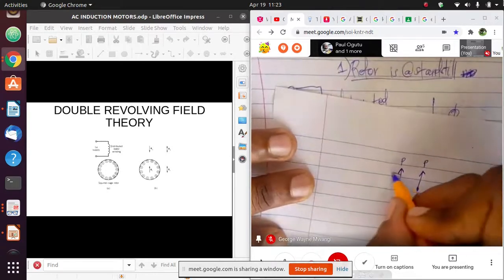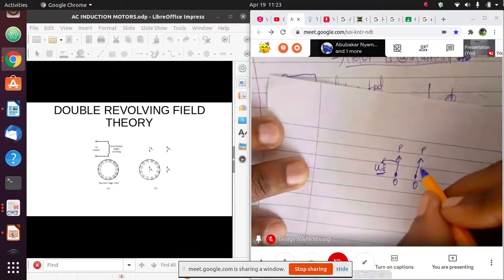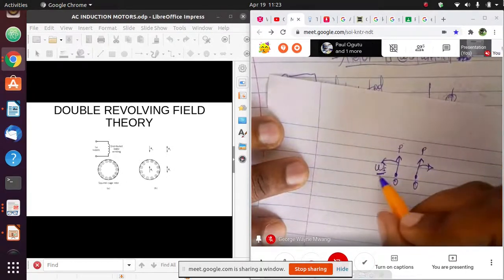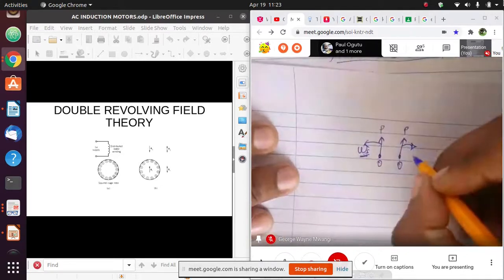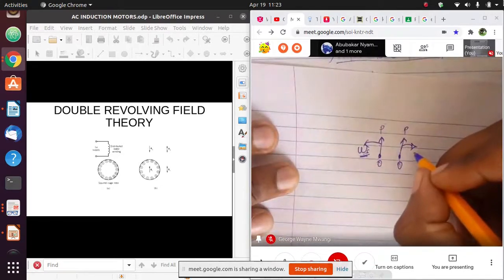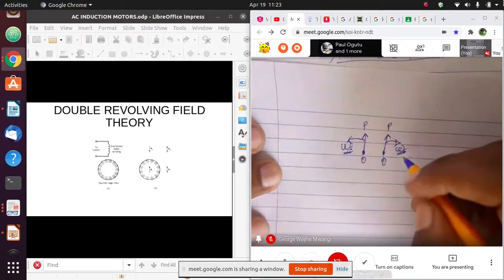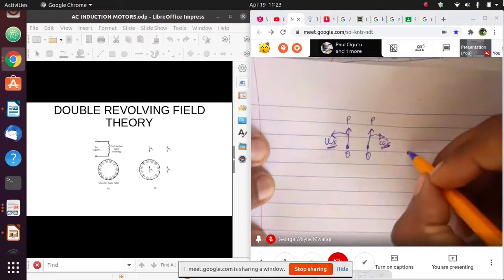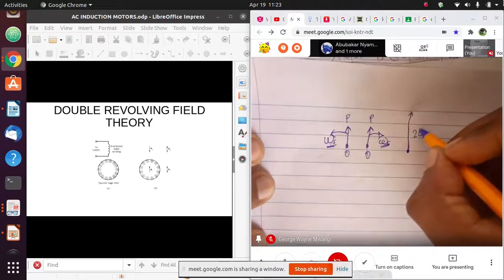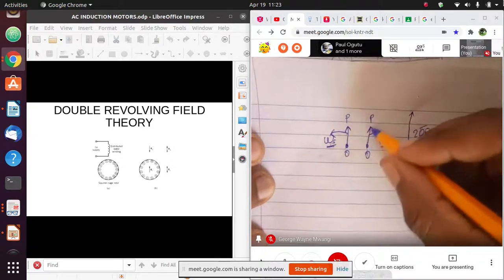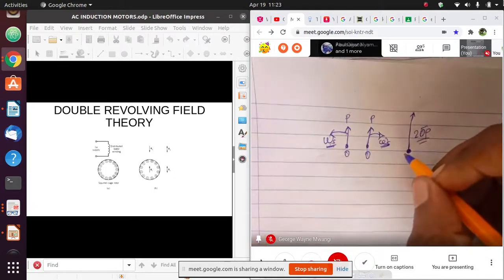This vector is rotating in the anti-clockwise direction at an angular speed omega s, and this vector OP is rotating in the opposite, clockwise direction with the angular velocity omega s. Now the vector sum, when you add those two vectors, you'll find that the sum of these two vectors will be twice this. Are we together? I'm just explaining this analytically.